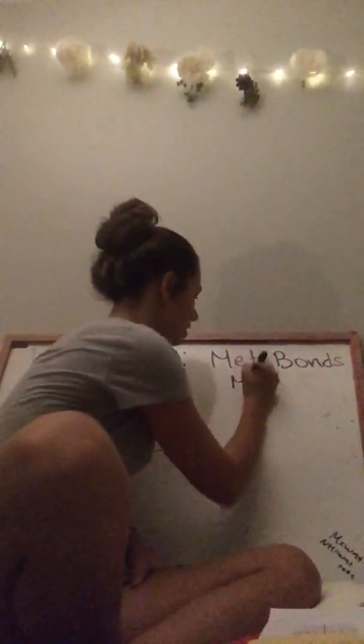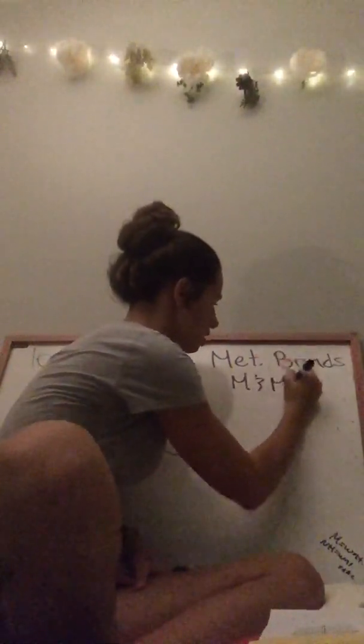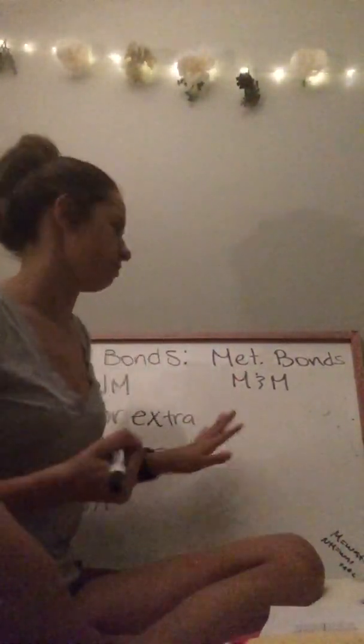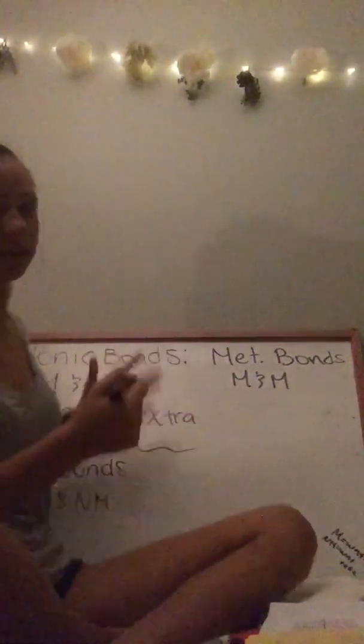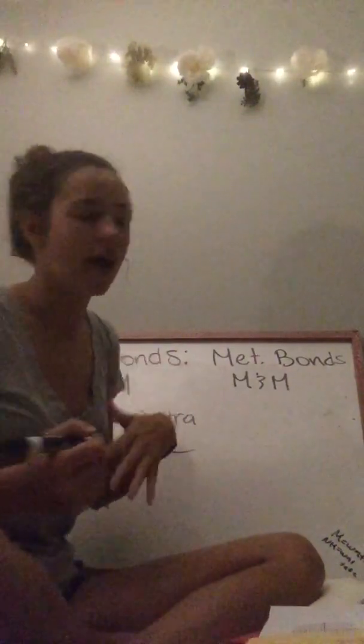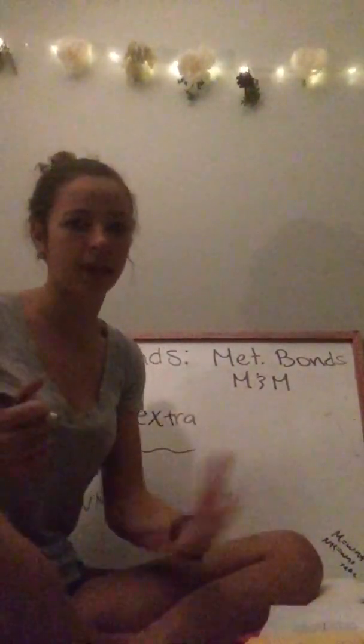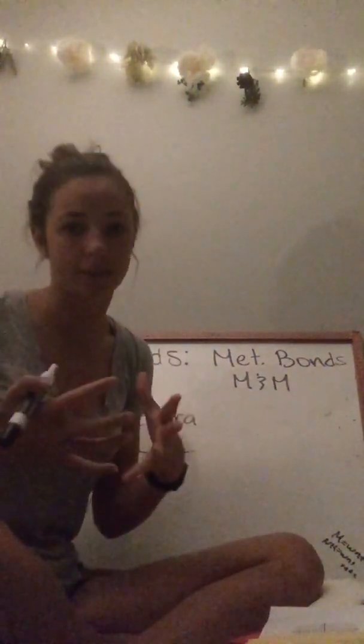It's between a metal and a metal. And this happens for a lot of the same reasons as the other two, the want for the extra electron. So obviously for the ionic, there was a huge want. For the covalent, there wasn't much of one. And same thing for the metallic bonds. There isn't that huge need for that extra electron, and they all want to share the electrons.